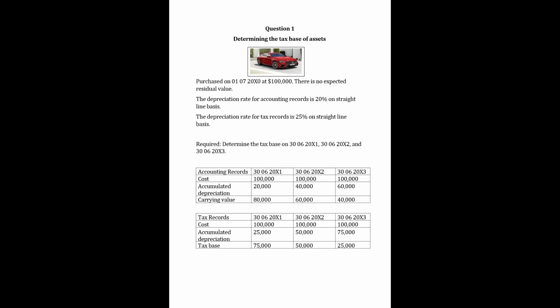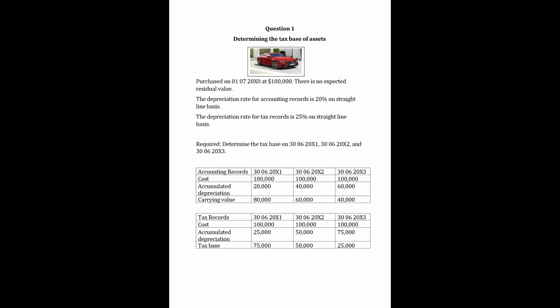So the carrying value correspondingly for X1 is 100,000 less 20,000, 80,000, and for 20X2 it's 60,000, and 20X3 it is 40,000. Let's now look at the tax records.